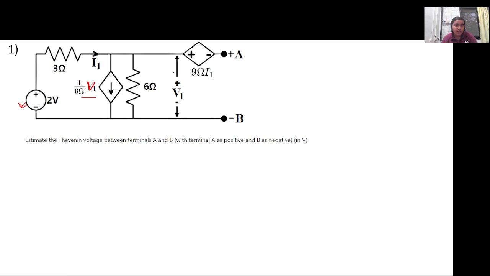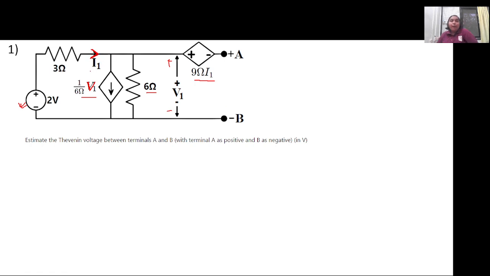V1 is the voltage across this 6 ohm resistor, which is given like this, plus minus V1. So when the voltage across the 6 ohm resistance changes in a circuit, the current source will change accordingly. And it is also connected with a current dependent voltage source, where this current I1 depends on the current that is flowing through this 3 ohm resistor branch.